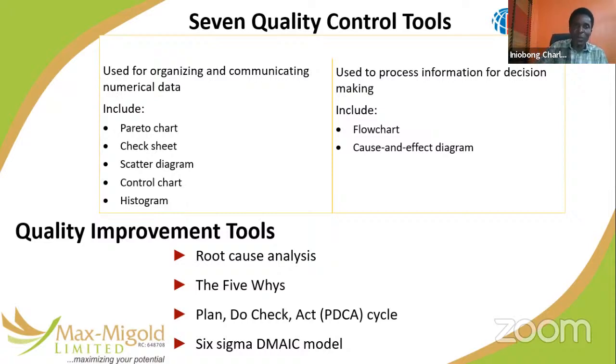Because when you identify the cause, then you can eliminate it. That way, you eliminate that problem. That problem may not repeat itself. So there's a difference between the correction we do, which is like our routine work, and the corrective actions that we implement. Corrective action is to ensure that you deal with the root cause.